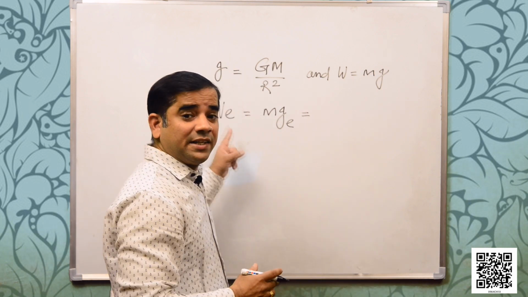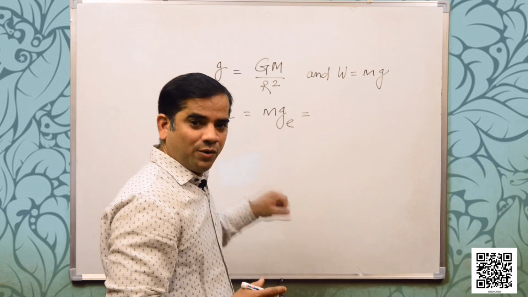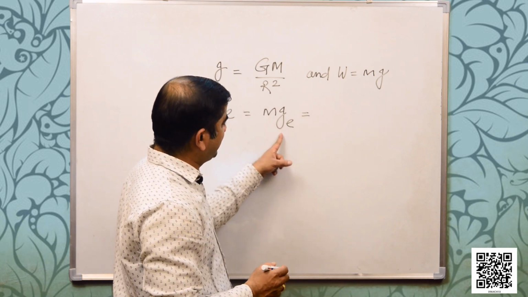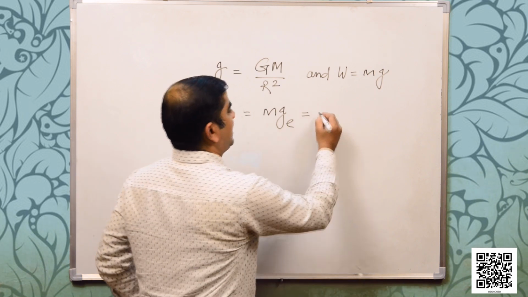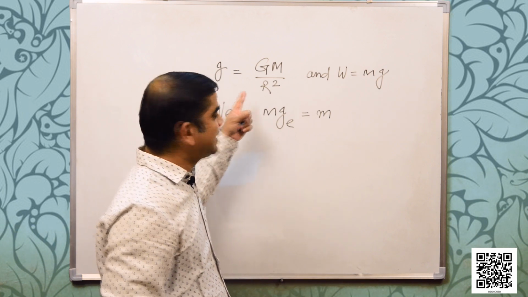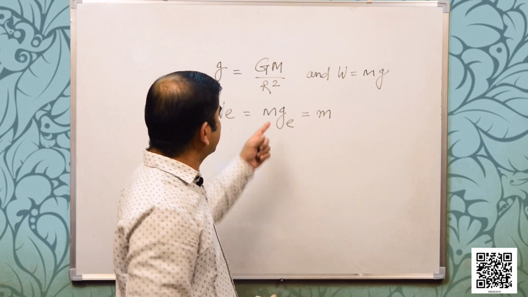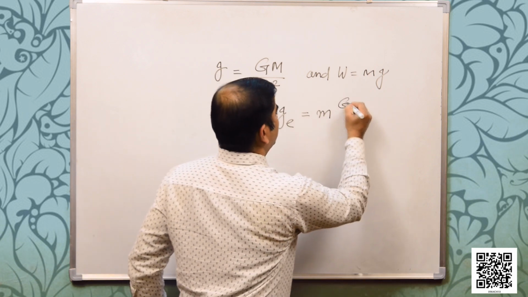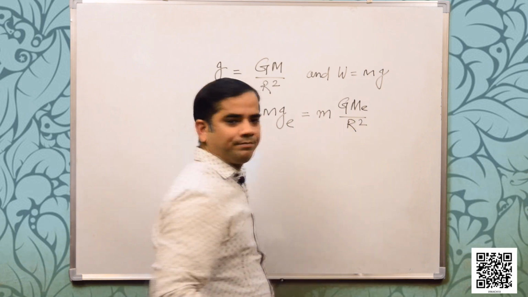Just concentrate, this is the weight of the body on earth. When I substitute the value of g over here, I get m times GM by r square, and in case of earth it should be M_e by r square.